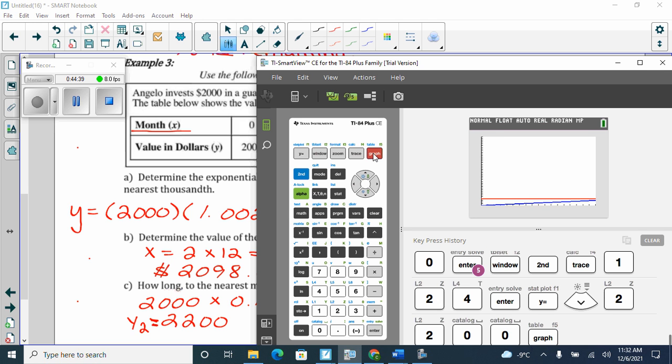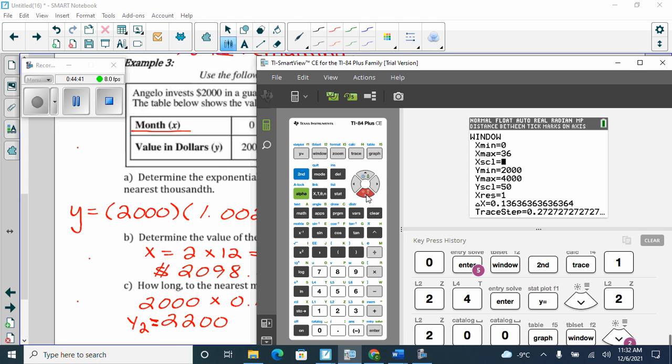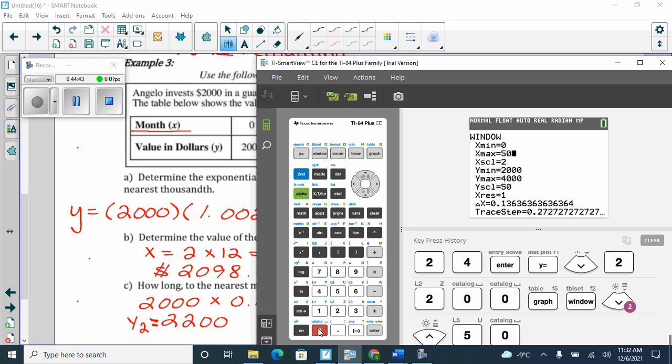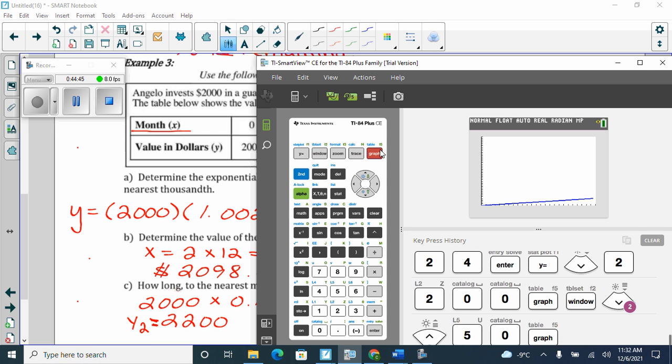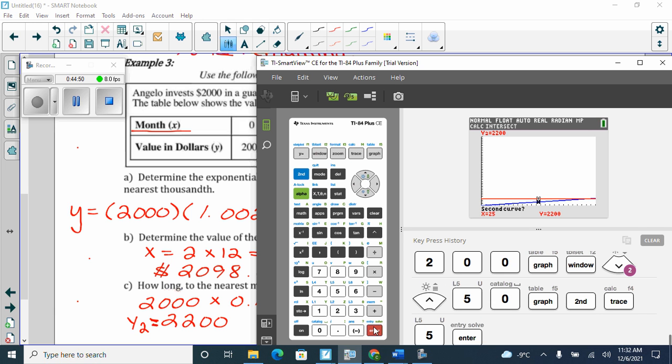Oh, look, I can't see where they intersect, so I have to make my X max bigger. I'll make it 350. Second trace 5, enter, enter, enter. So it's going to be 48 months.